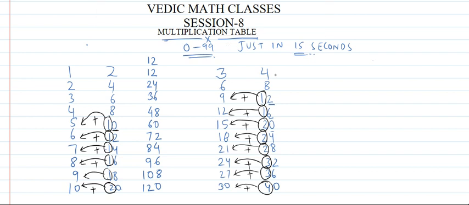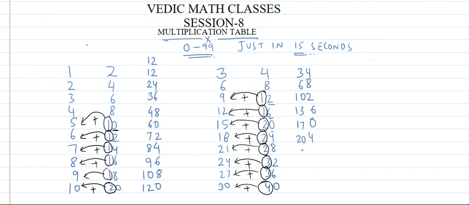So let's write: 34 1s are 34, 68. Here unit digit is 2, and 1 added with 9 gives 102. Then unit digit is 6, 1 added with 12, so 136. Then here unit digit is 0, and 2 added with 15, that is 17, so 170. Here unit digit is 4, and 2 added with 18, that is 20, so 204.